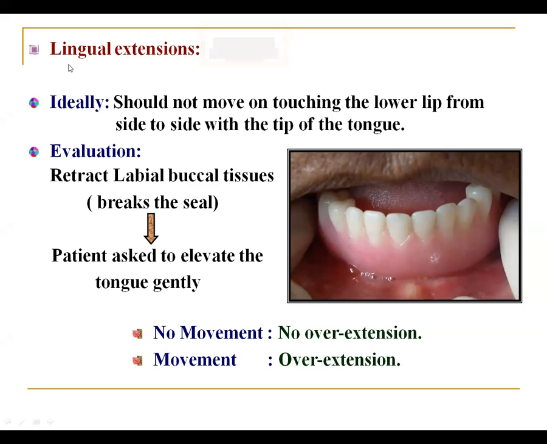We are checking lingual extensions. If movement is there, it means your lower denture's lingual borders are overextended. Otherwise, the denture will not move as per the movement of the patient's tongue.